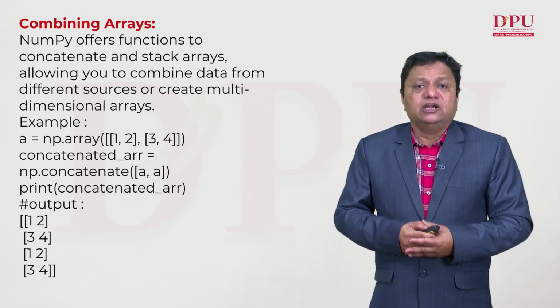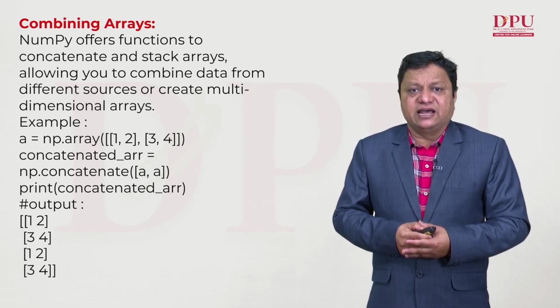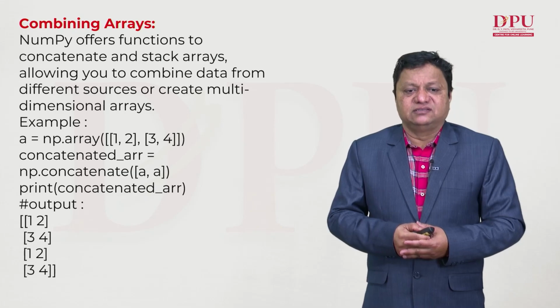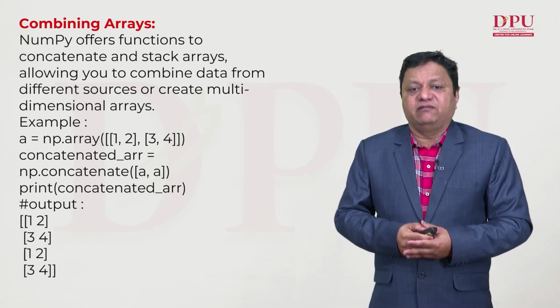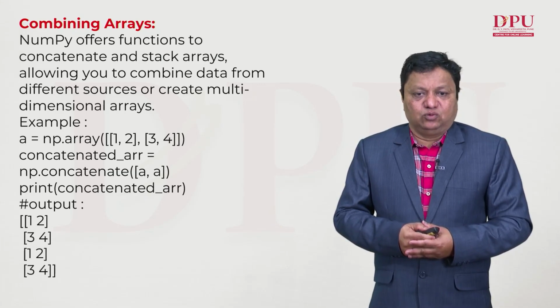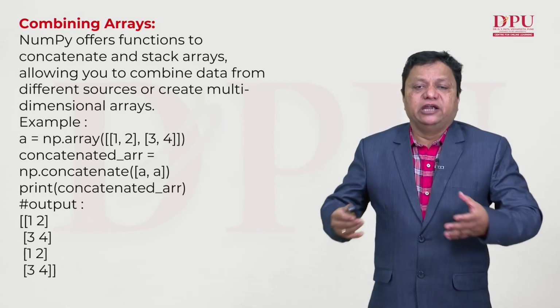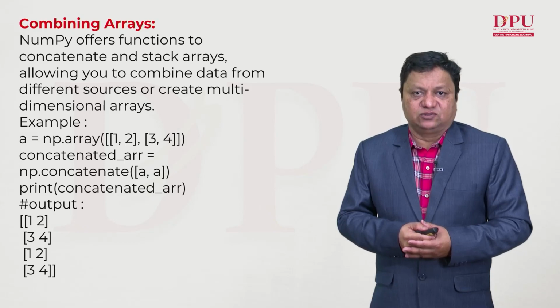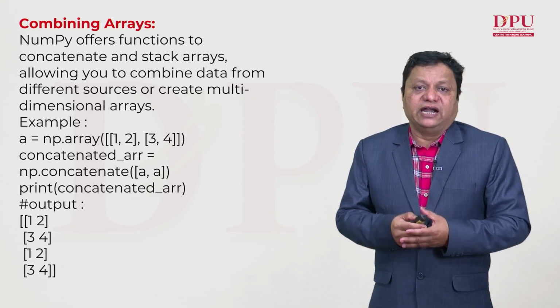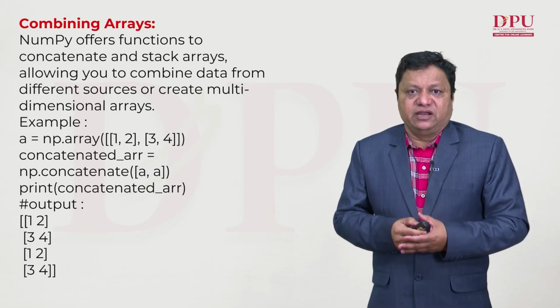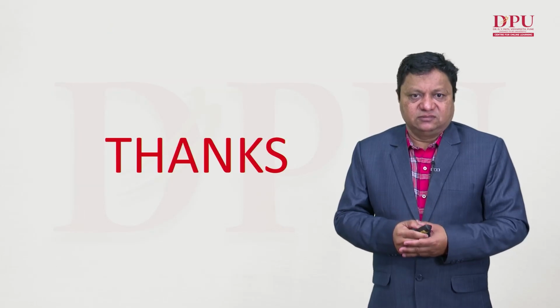It will concatenate this array 2 times, so now the values of the array will be 1, 2, 3, 4, 1, 2 and 3, 4. Here I have concatenated the same array twice.